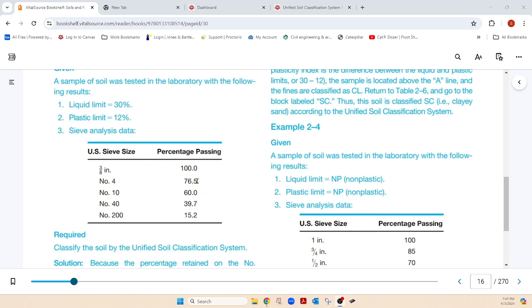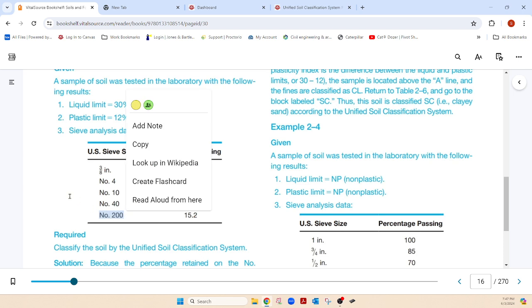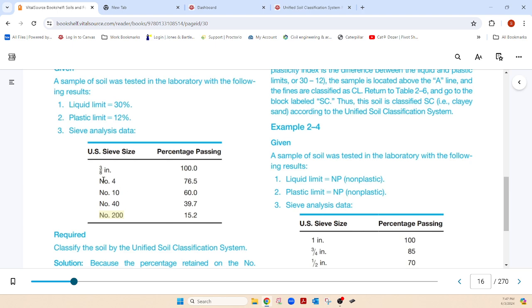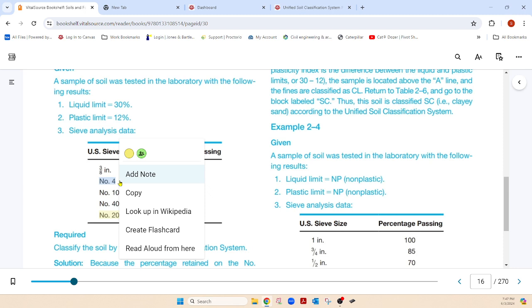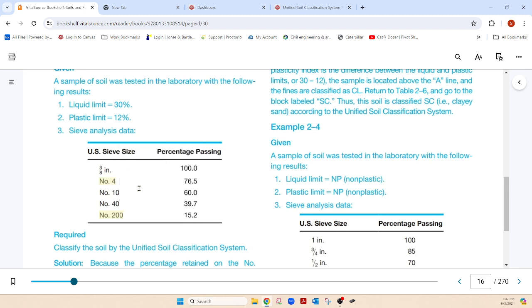The 76.5% passing that number 4, 60% passing the number 10, 39.7 the number 40 sieve, and 15.2% passing the 200. The two most important for us will be number 4 and number 200. Those will be the two that we've worked with most.